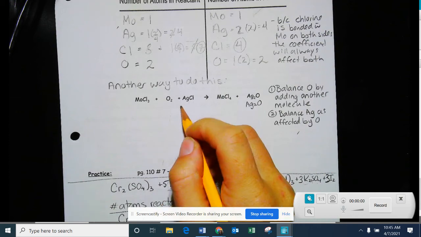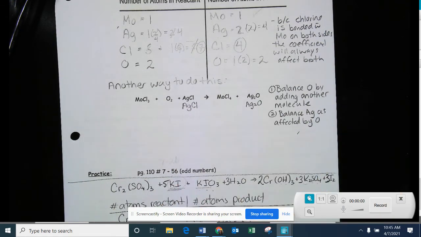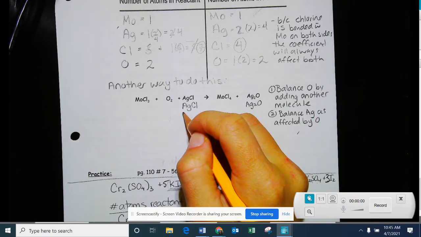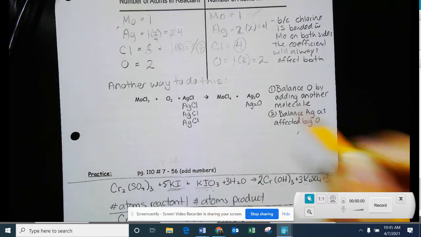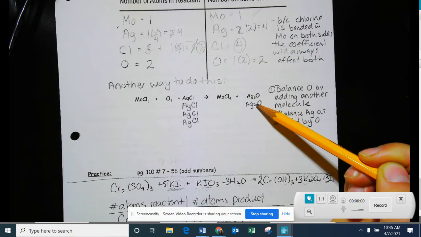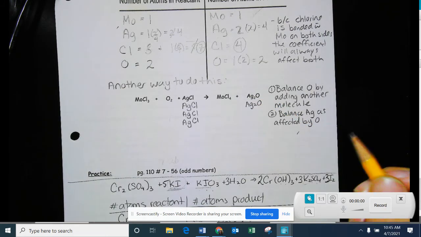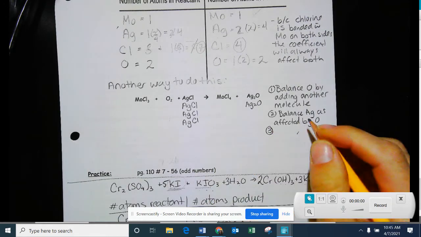So I'm going to go, okay, I need one more of these, right? Yep. Nope, I need 4 of these. So this is just a more visual way to see this. So I've got 1, 2, 3, 4 silvers, 1, 2, 3, 4 silvers. Third thing, we need to deal with the Cl.